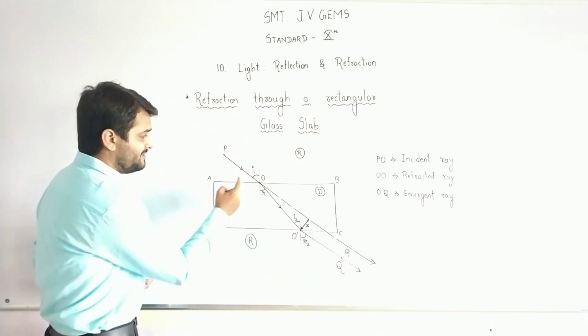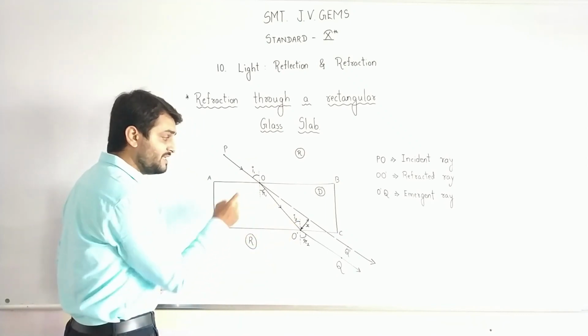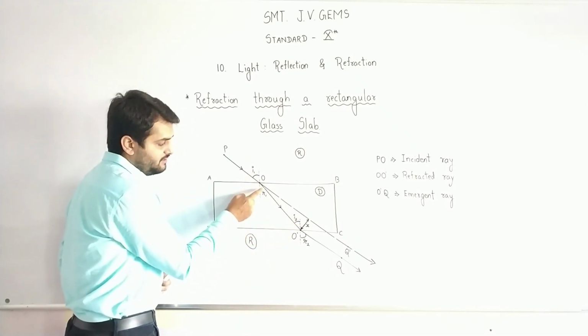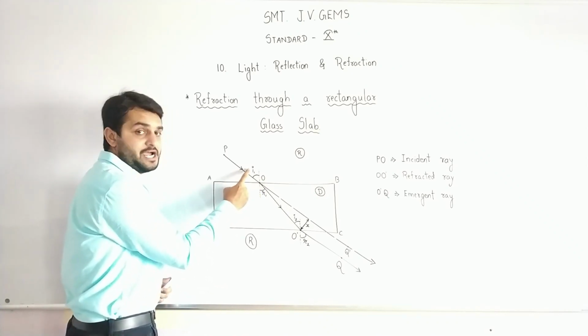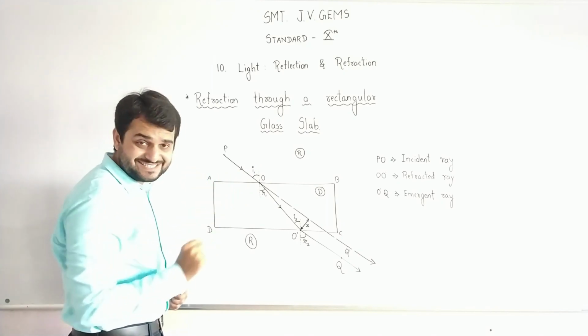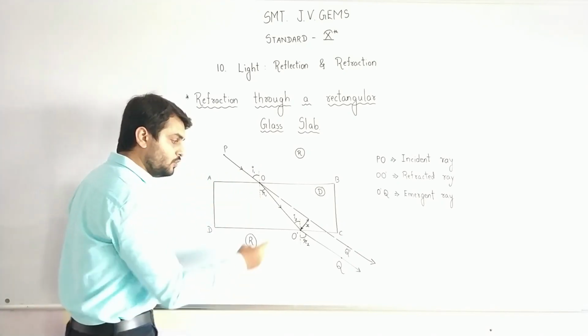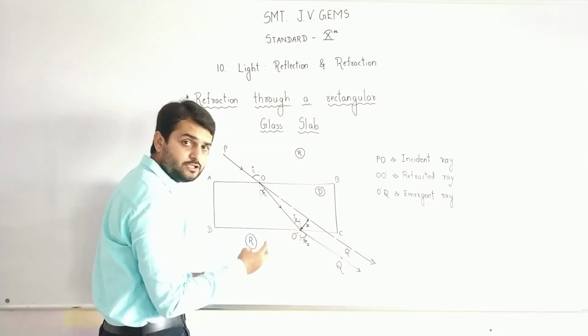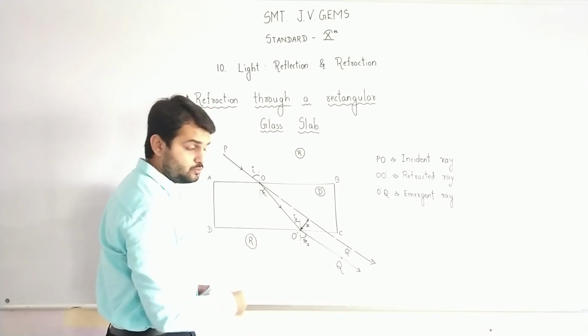Now, as we know that this is the normal, over here also we have drawn a normal to the surfaces. At point O, the first refraction takes place. So we got two pairs of angles. One is I1, that is called the angle of incidence, and R1, that is the angle of refraction. Over here also, once again, we get two pairs, that is I2 and R2.